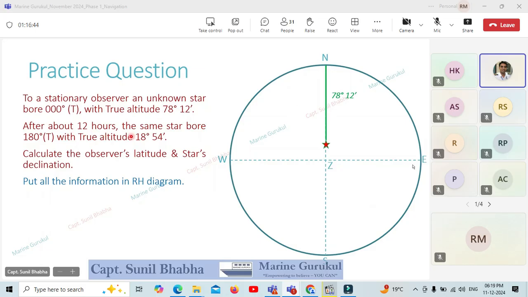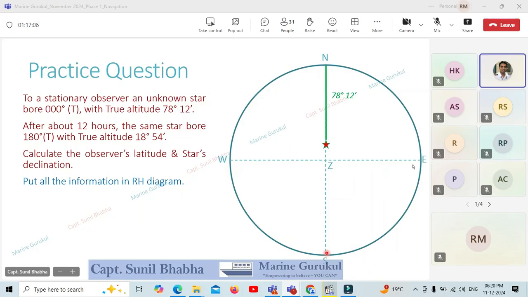Now after about 12 hours, the same star bore 180 true. Now the 180 bearing is represented by line ZS, and on this line we have to mark a true altitude of 18 54. S is the horizon, 0 degree altitude. Z is the zenith, 90 degree altitude.